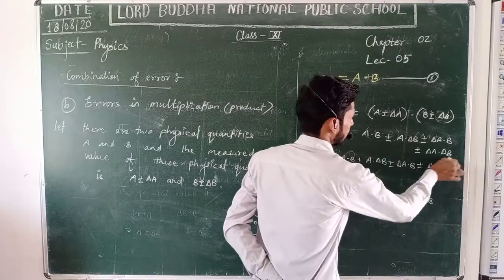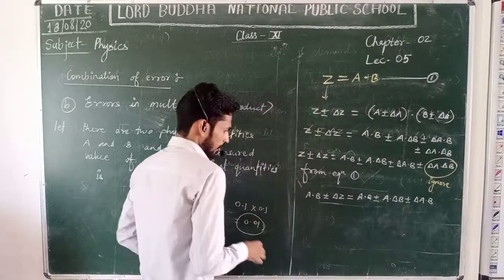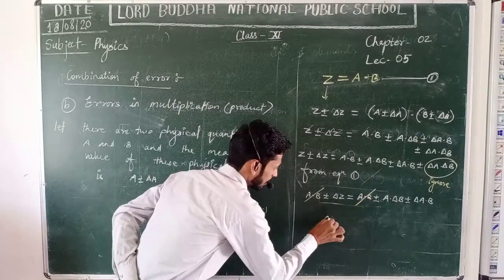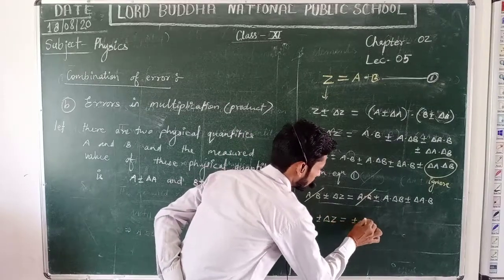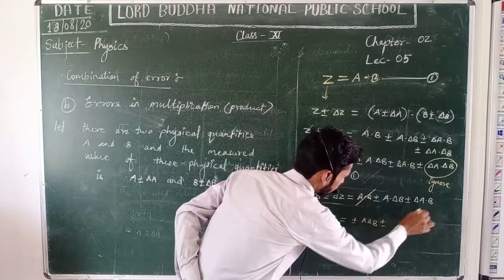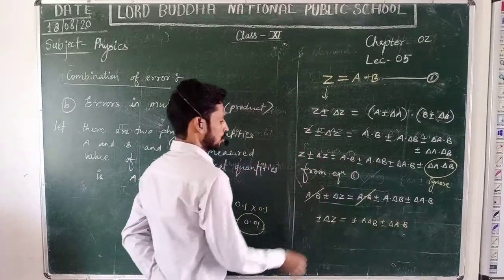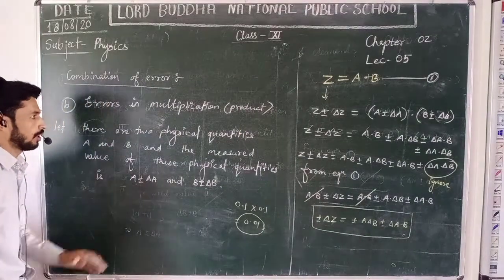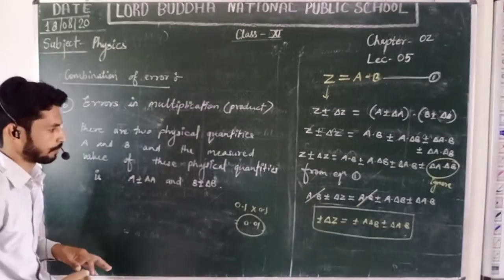So we ignore this. A into B will be cancelled by A into B, and plus minus delta Z equals plus minus A into delta B and plus minus delta A into B. So this is the error produced in the product of two different physical quantities.